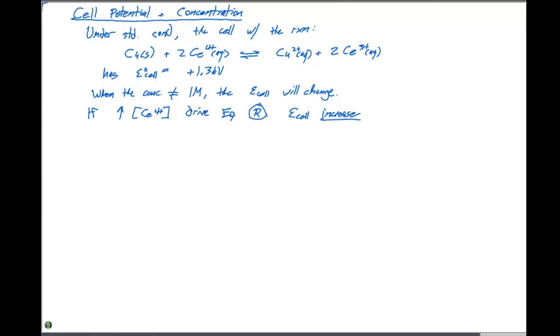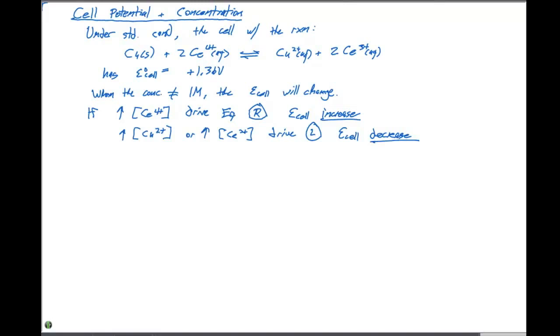We can also increase the concentration of the Cu2+, or the Ce3+. In this case, we're going to drive the equilibrium to the left, and our cell potential is going to decrease. And this is a direct application and a prediction of Le Chatelier's principle.